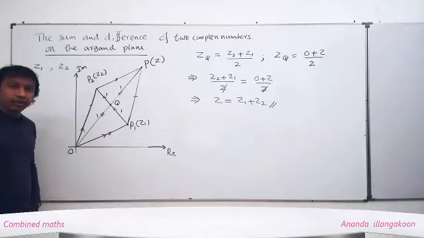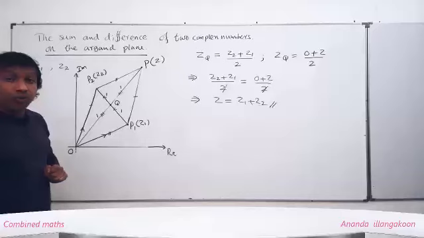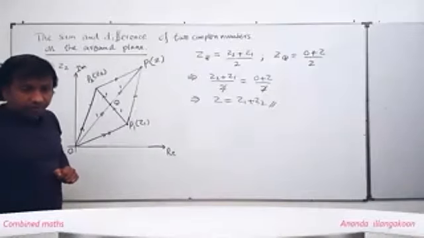Taking these two sides as adjacent sides of a parallelogram, the fourth vertex of the parallelogram, after constructing it, gives us the sum of the two complex numbers.